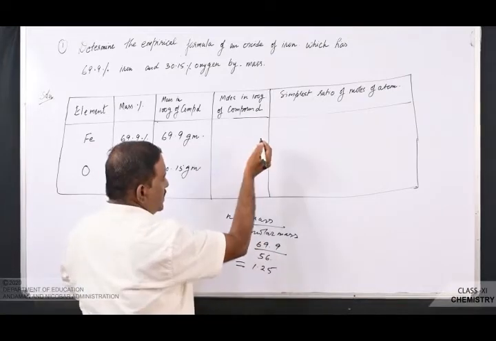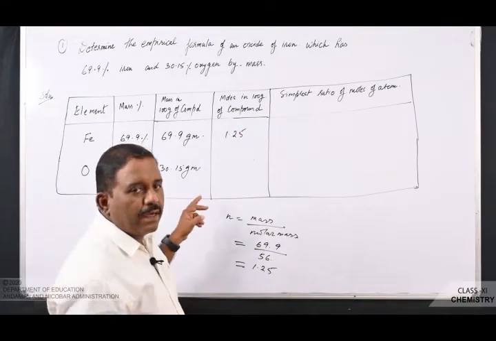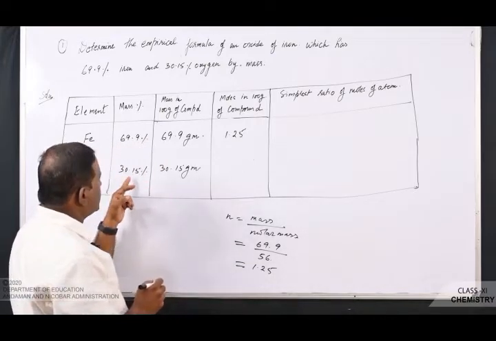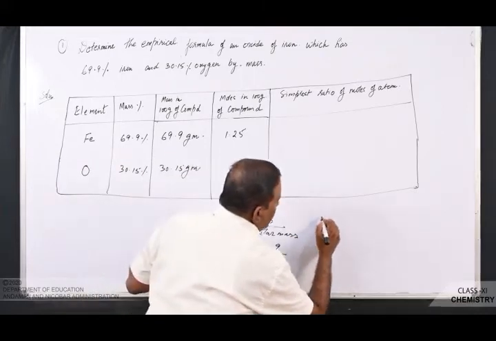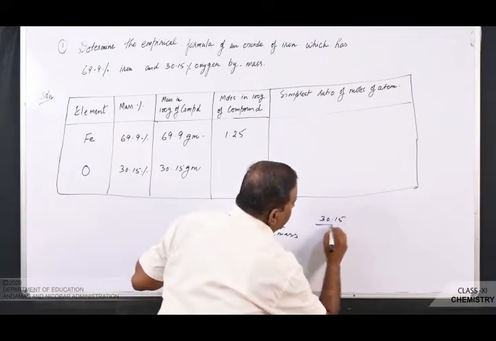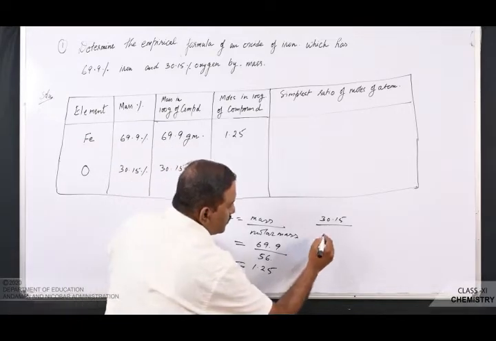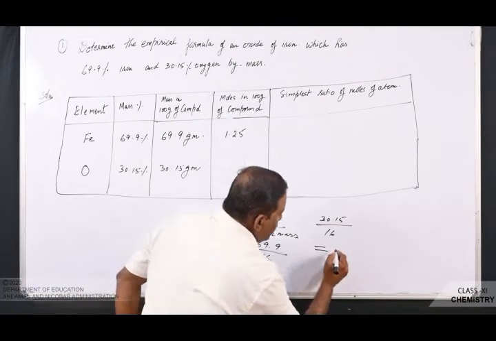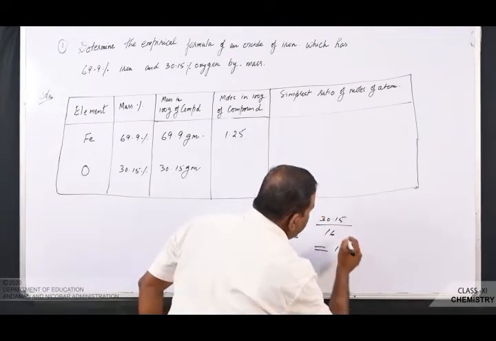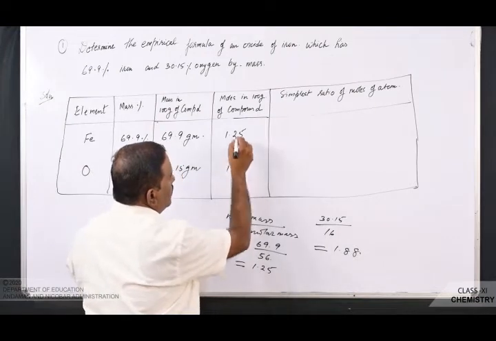So I'll place this here, 1.25. Again, when we find the number of moles of oxygen, the given mass is 30.15 divided by the molar mass of oxygen, that is 16. When we divide, we get 1.88. So I'll write this one.